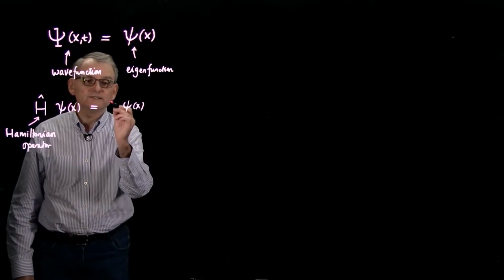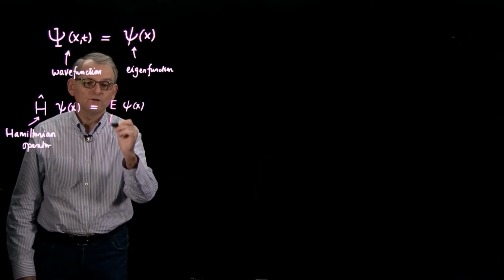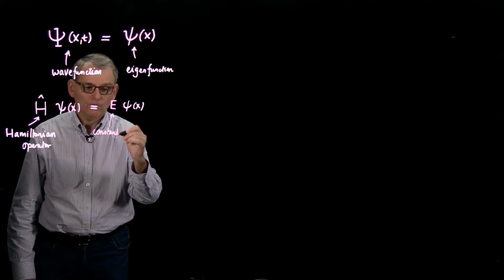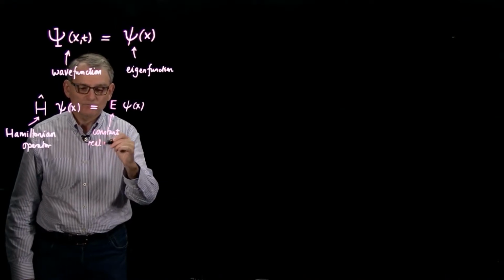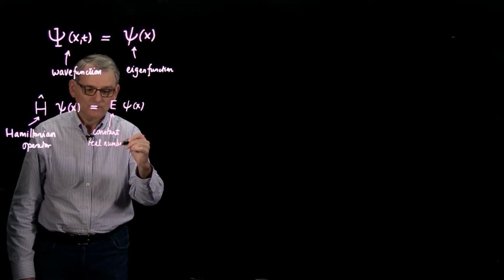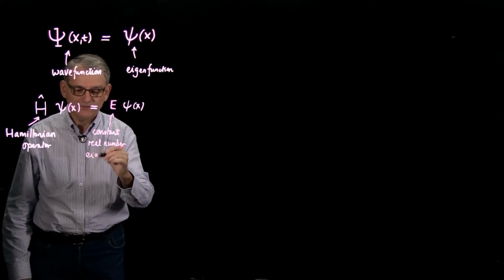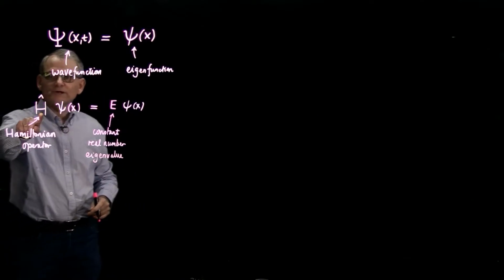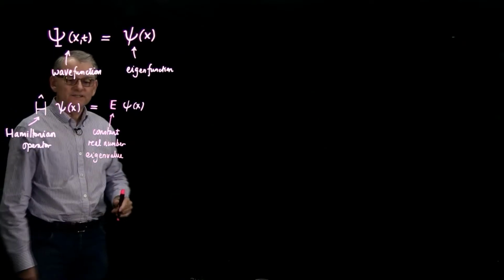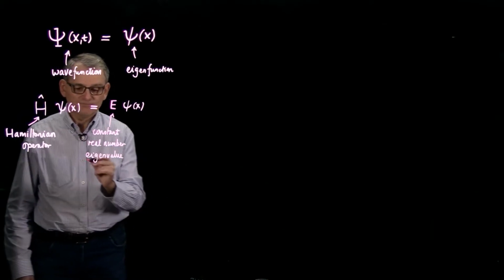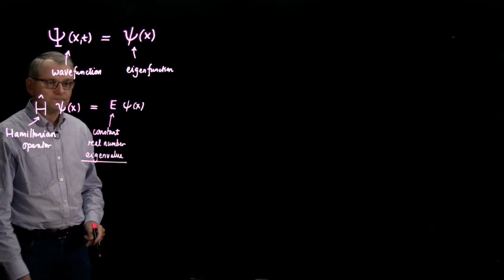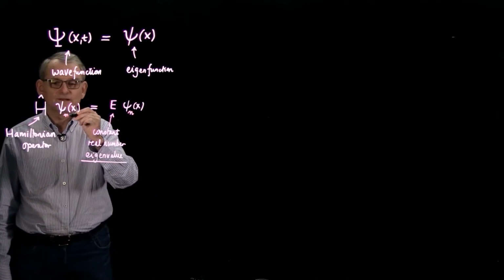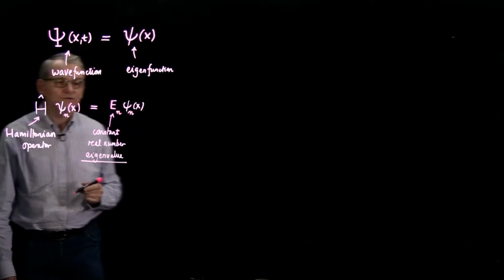And what multiplies this is a constant, which is a real number. And in fact, this is called the eigenvalue. Because the Hamiltonian operator is intimately connected to energy, this is in fact the energy eigenvalue. In general, there will be a set of eigenfunctions and a corresponding set of eigenvalues.